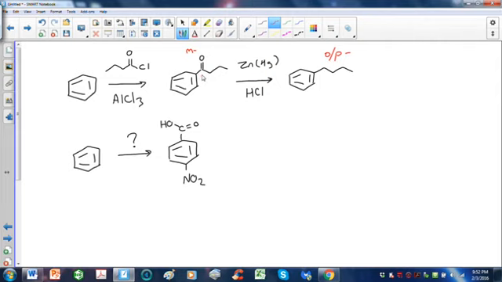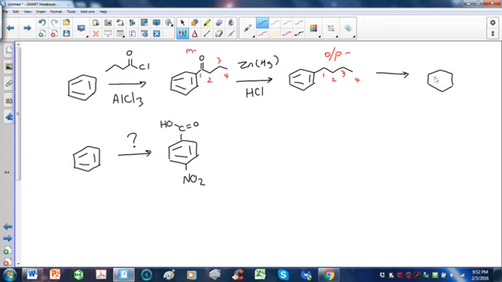So notice I've got 1, 2, 3, 4 carbons here, and I've got 1, 2, 3, 4 carbons in the product as well. One other useful thing about a reaction like this is I can then take this and do something very specific to it.